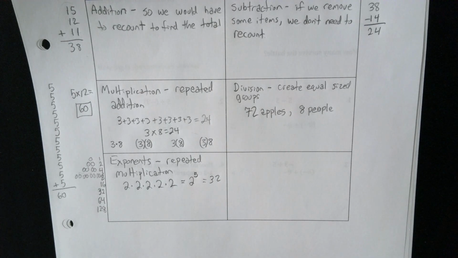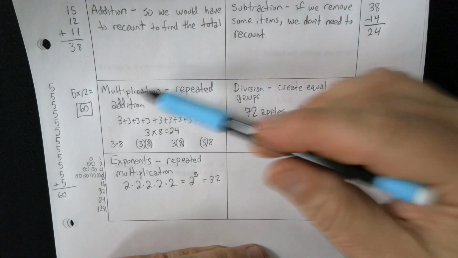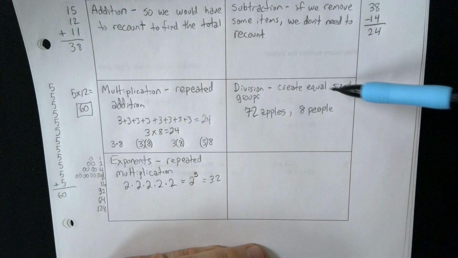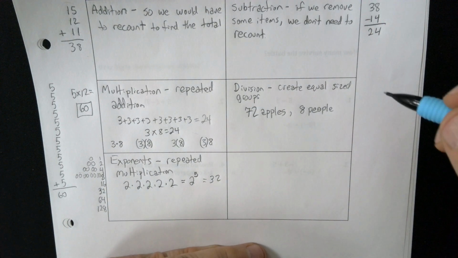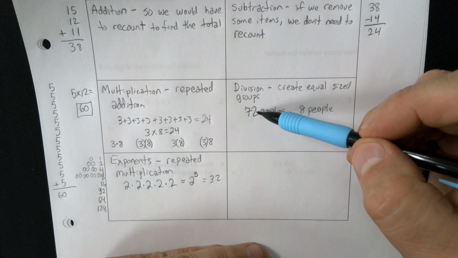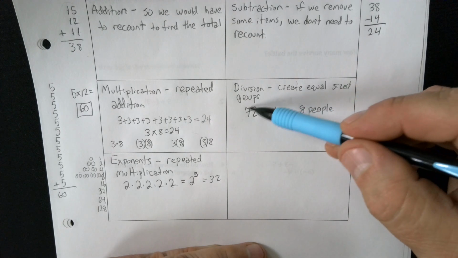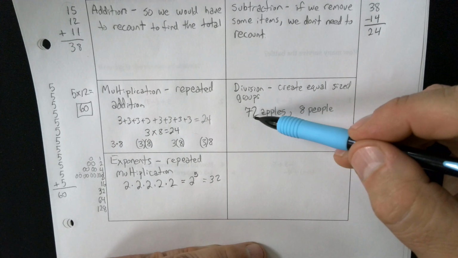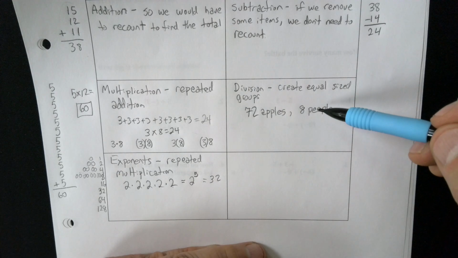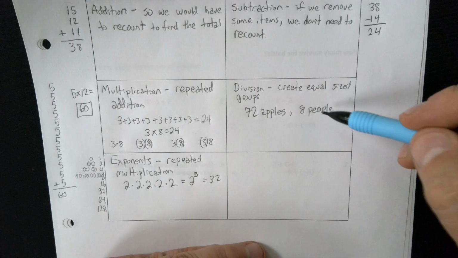And so I don't really define division as the opposite of multiplication, as in repeated subtraction. You could do that, but I don't know how much to subtract from here. So I've got to be kind of real careful, other than if I take 8 away from here, that's going to give everybody one, each of the 8 people would get 1 apple.